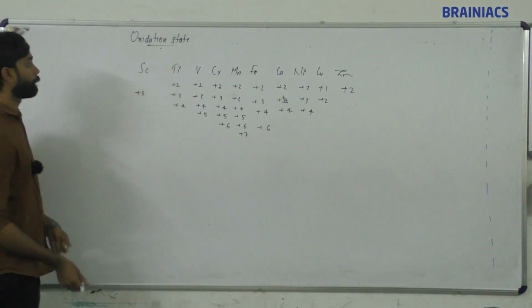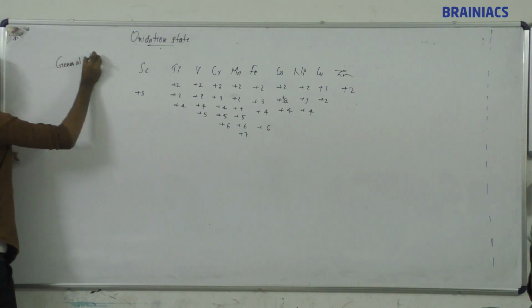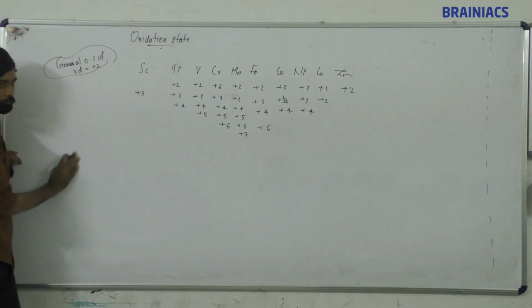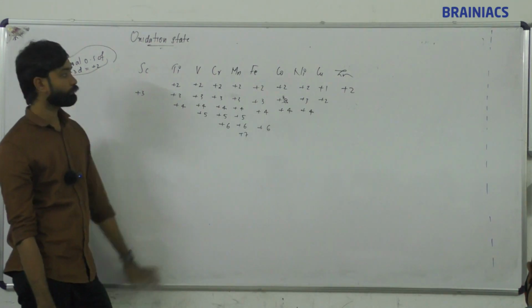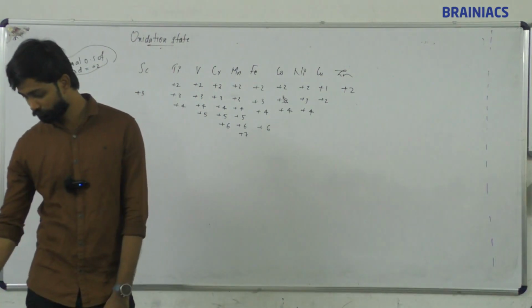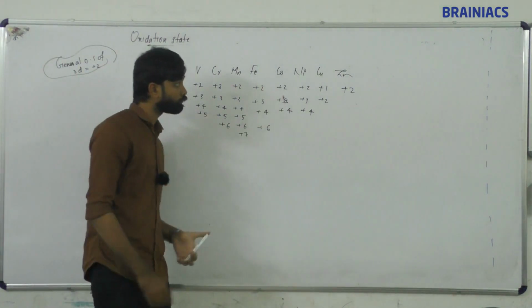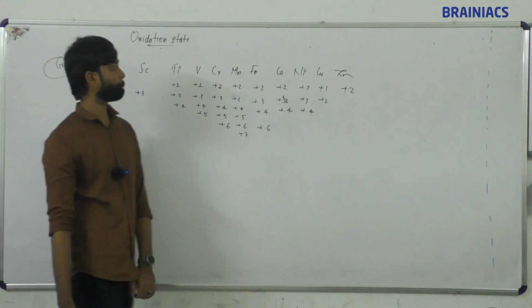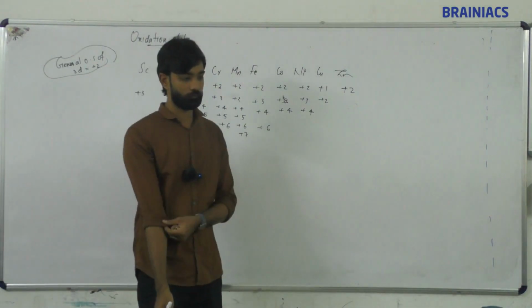The general oxidation state of the 3D series is +2. Scandium hardly forms +2, and it is not stable. So the general oxidation state is +2.